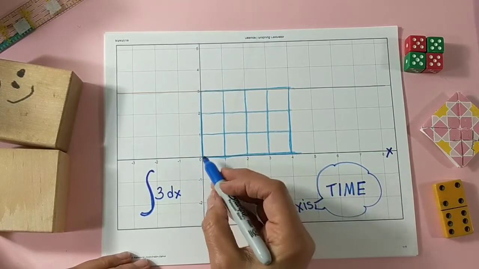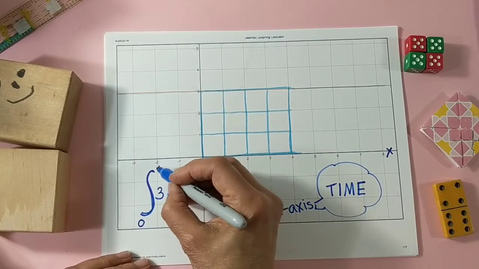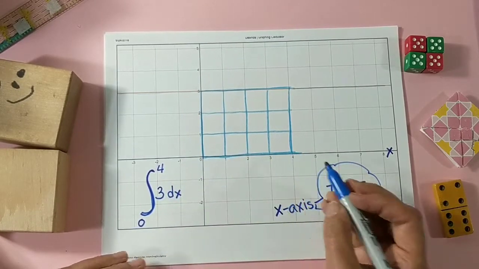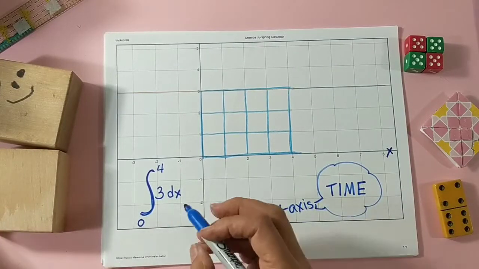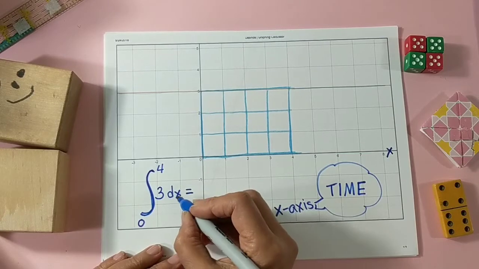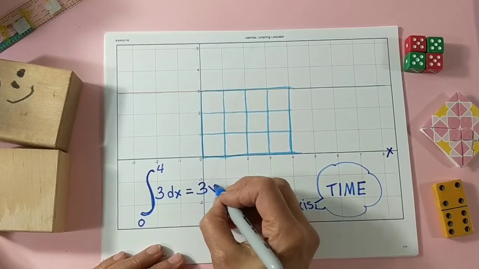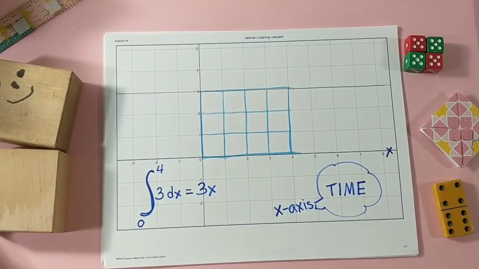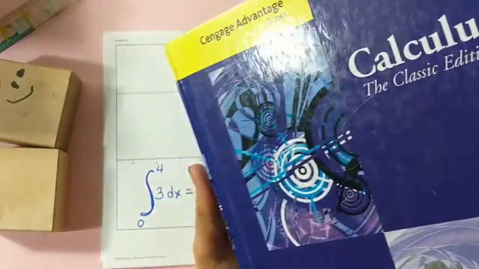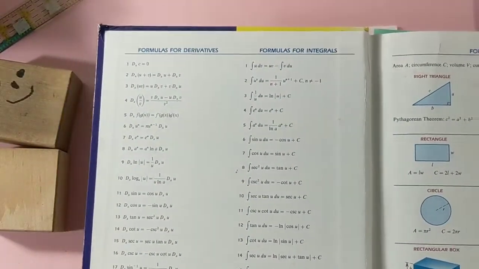And the boundary we're talking about, for this one, is between 0 and 4. Now, my study of calculus has told me that the area formula for this function is 3x. And I'm not going to go into how I got that, but all of these formulas are right here in your calculus book.